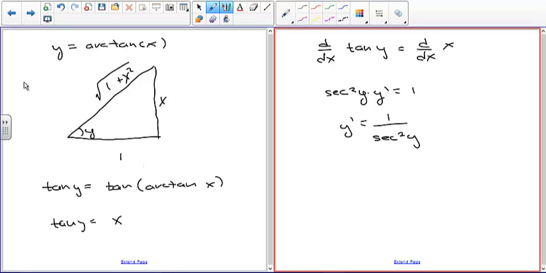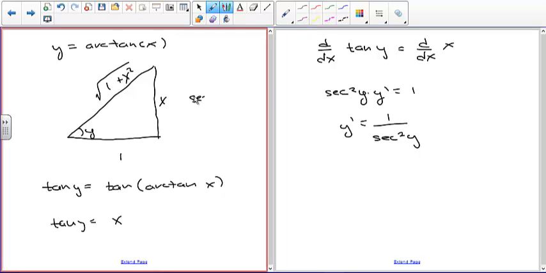But again, coming over here, the secant of y, well, the secant is the hypotenuse divided by the adjacent. So it's going to be equal to the square root of 1 plus x squared, and the 1 in the denominator I can get rid of.